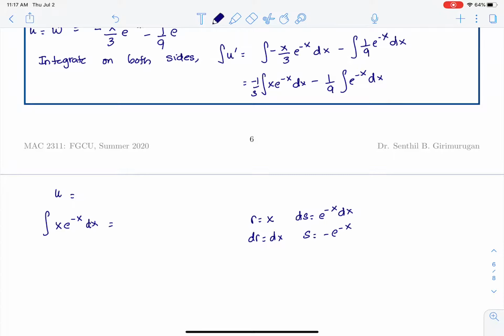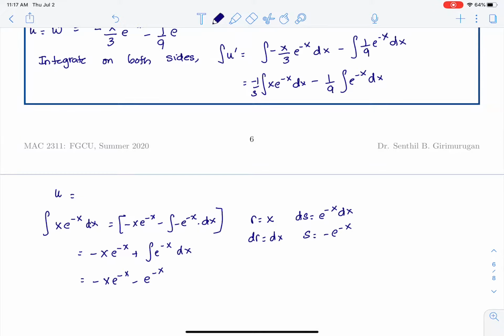So using integration by parts, we have rs, so negative x e raised negative x, minus integral s times dr, so negative e raised negative x times dx, which would give me negative x e raised negative x plus the integral of e raised negative x dx, which is negative e raised negative x.